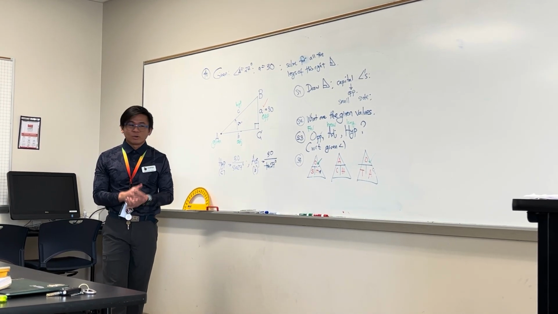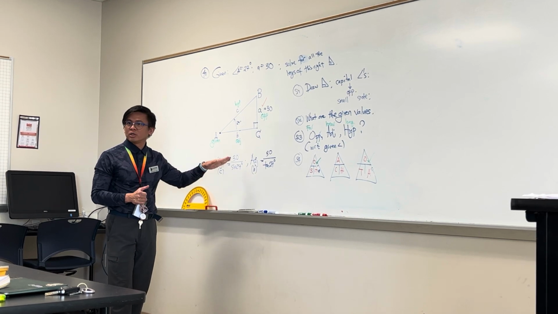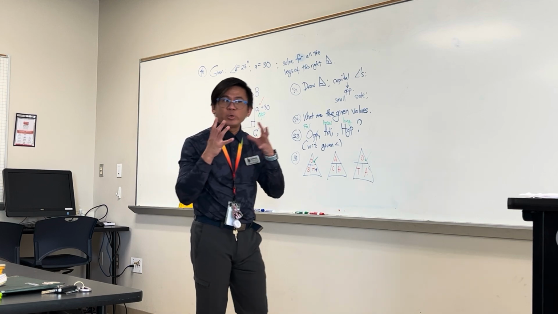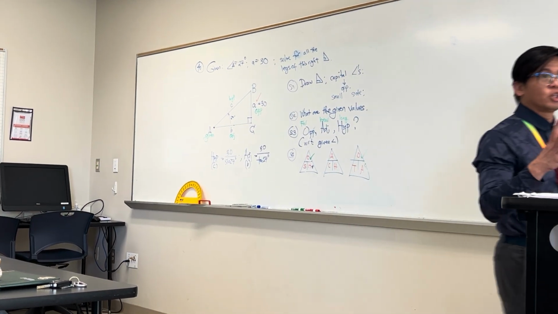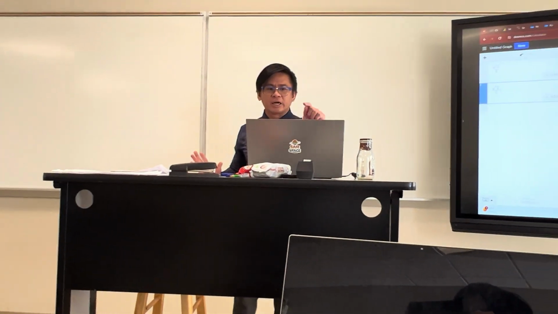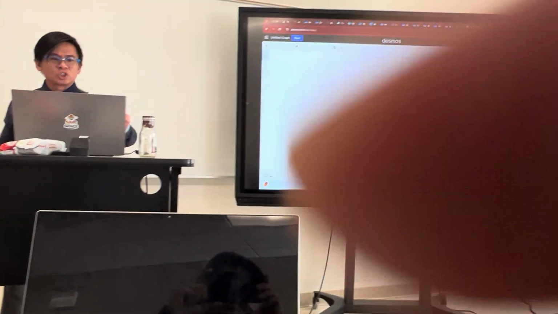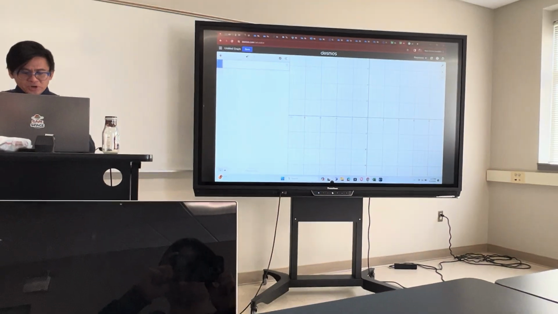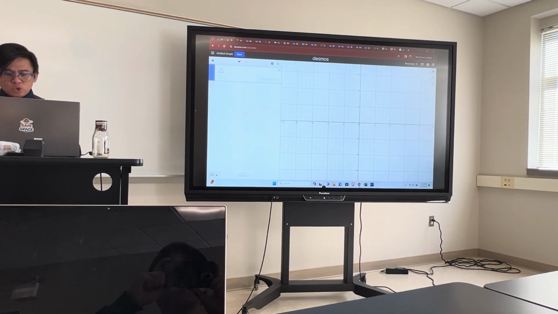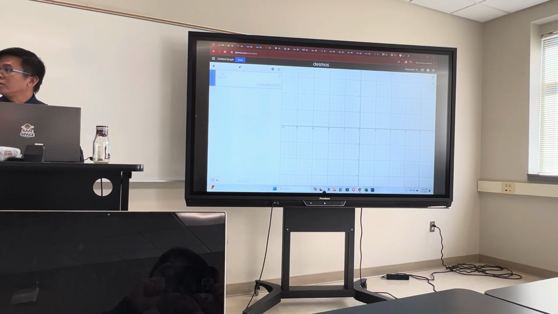Good, guys. Now after that, what do we do? Since this is not a special angle, we have to use our calculator to get those approximate values. So let's put in the values. The first one, 30 over sine of 27.